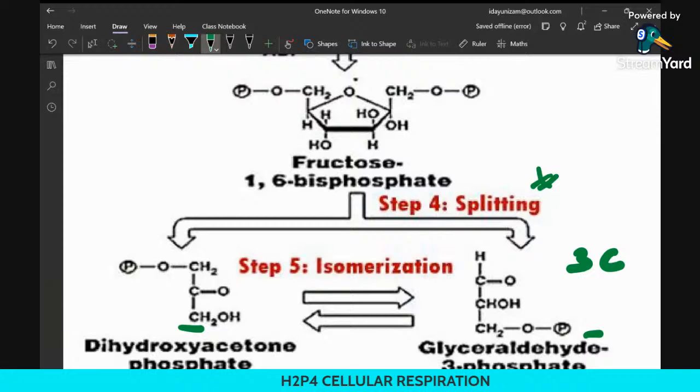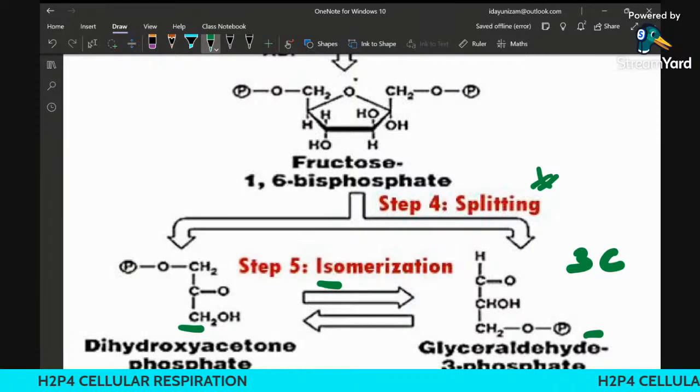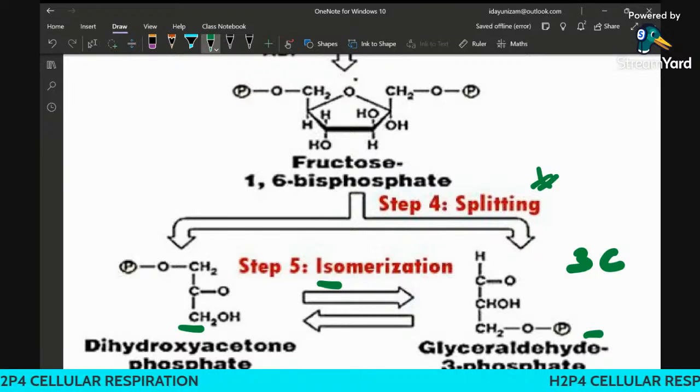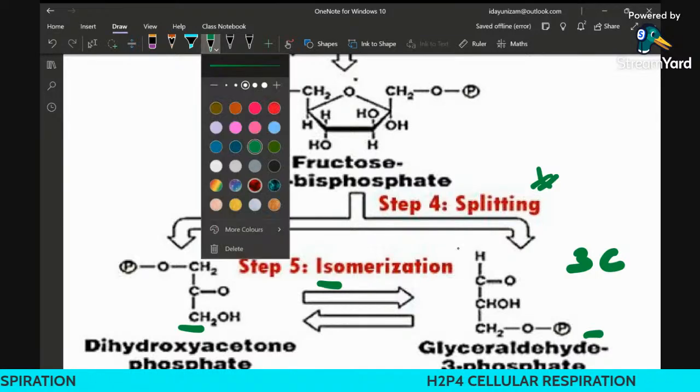Okay, step 5 will undergo the concept of isomerization, where the dihydroxyacetone phosphate will isomerize, meaning rearrange the carbon to become G3P. So when I say G3P, get familiar with the term, class.